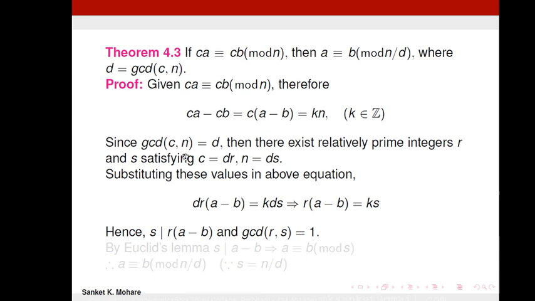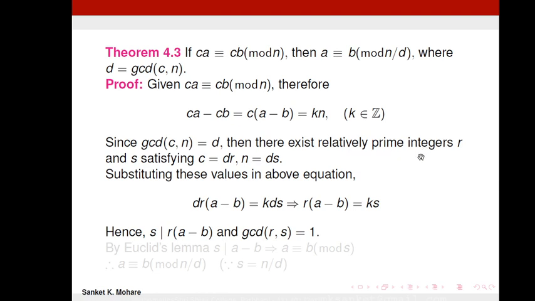Since GCD of C comma n is equal to D, there exist relatively prime integers R and S satisfying C equals dr, n equals ds.